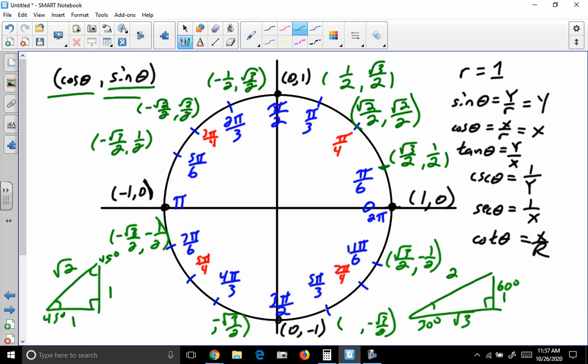The one that's over the least, the x value is 1/2, or if it's to the left, it's negative 1/2. And the ones in the middle are root 2 over 2, so root 2 over 2, negative root 2 over 2, and both signs are negative here.